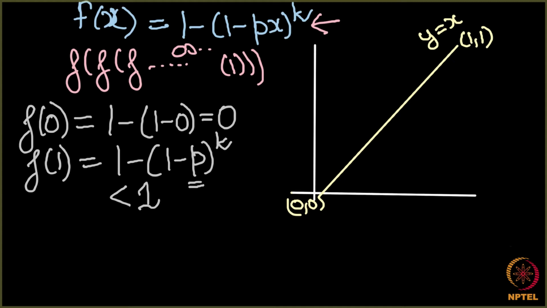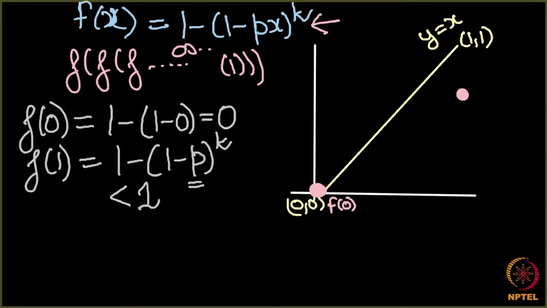And let's see how our function f will look. Our function f is first of all having a point here for sure, because at 0, f of 0 is 0, and we know that f of 1 is something less than 1. So this point is f of 0, and f of 1 is going to lie somewhere here, which is less than 1.